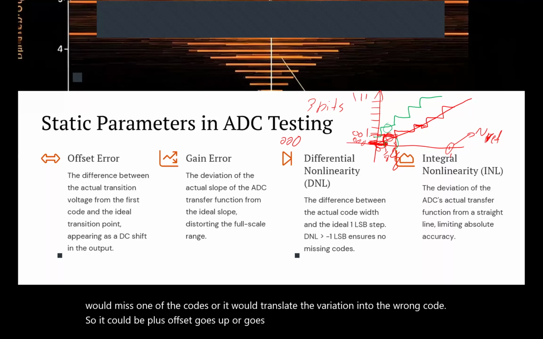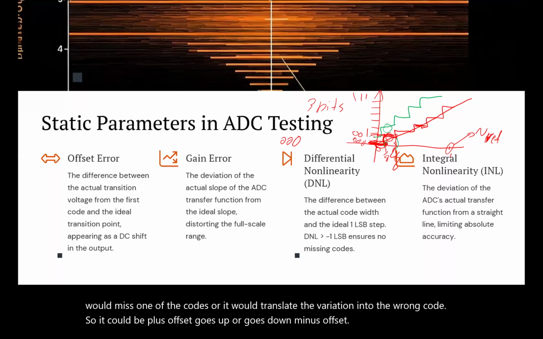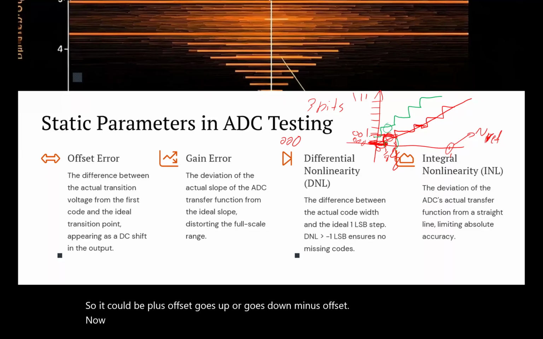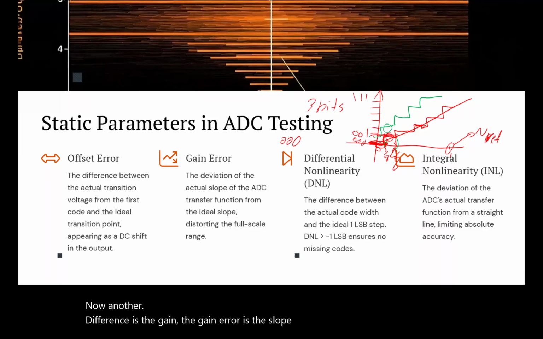Now, another error is the gain error. The gain error is the slope of change. This is the ideal line.